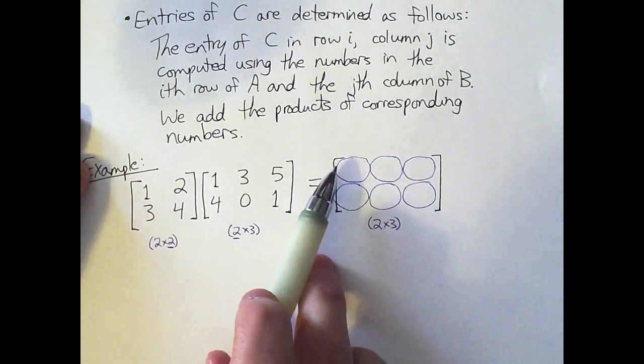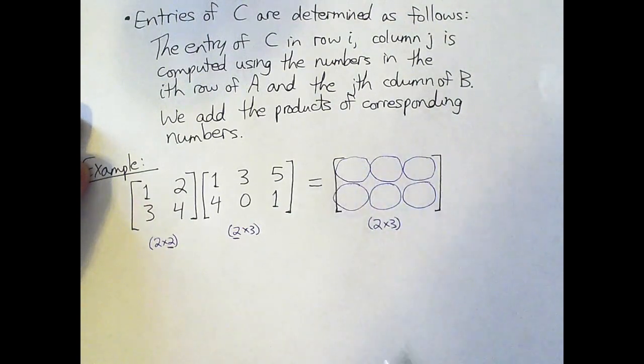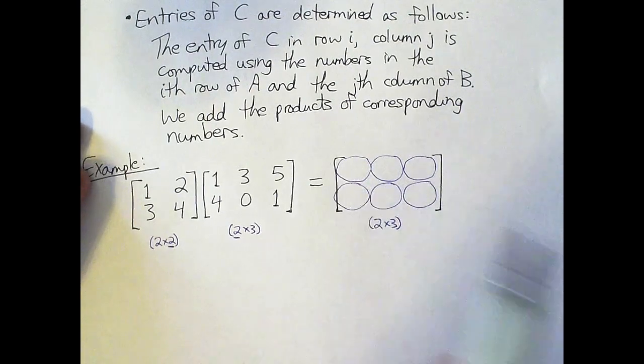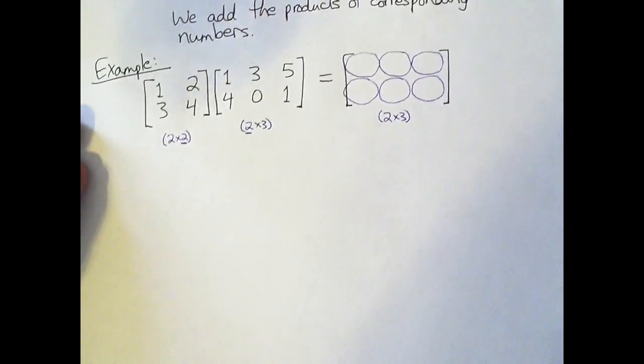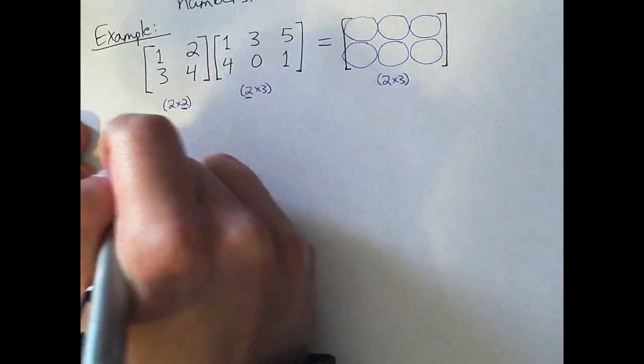We could go from left to right, top to bottom. So let's just start with the one in the upper left. This is the first row and the first column. I want to figure out what entry goes in the first row and first column.